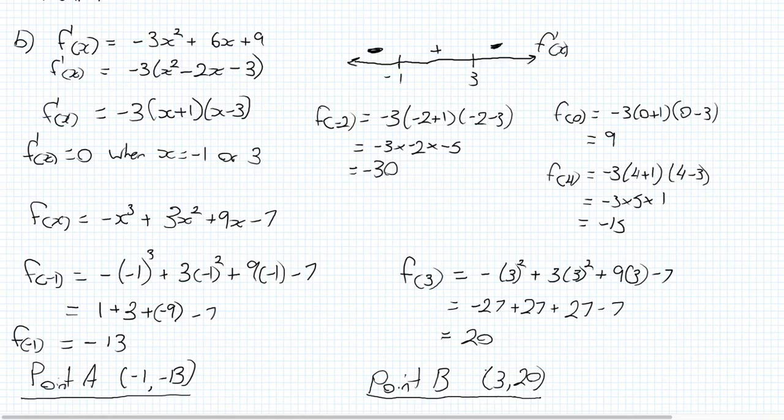Also find what y is equal to when x is equal to 3, or whatever it's asking you to do, to make sure that you get this bit of the maths right, because that's easy marks in a test. Alright, hopefully that makes sense with stationary points.